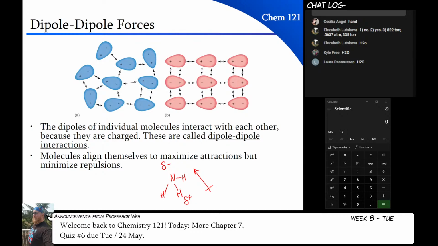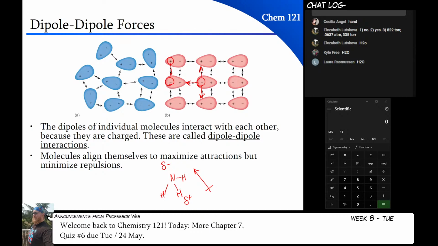Well, if each of these molecules had a dipole like this, all of the delta positive ends would line up in such a way that they would be adjacent to a delta minus on another molecule. Likewise, all of the delta minuses would line up so that they could be adjacent to delta positives.